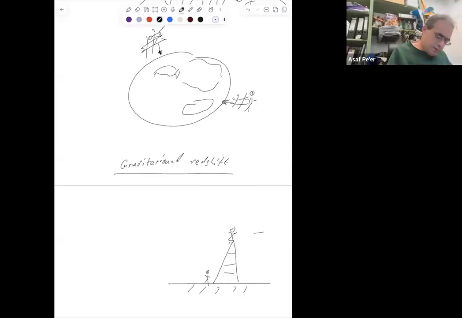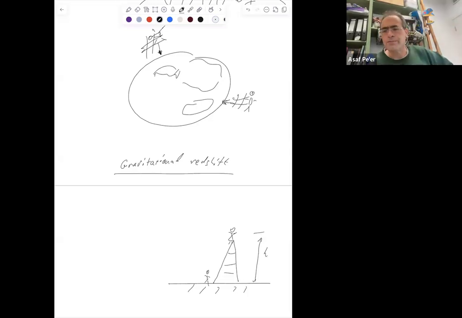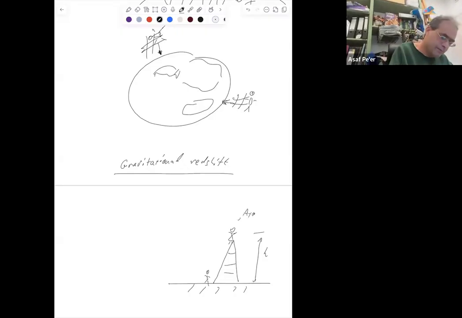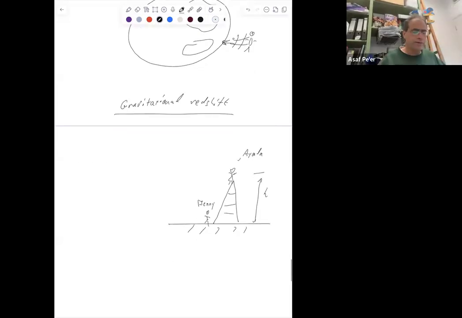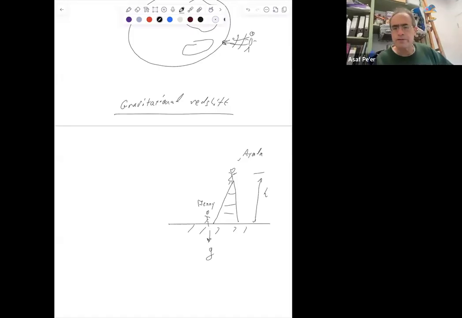And of course, the ladder has a height h over the ground. This is Ayala. This is Benny. And of course, they are on the Earth, so they feel gravity, g, both of them.